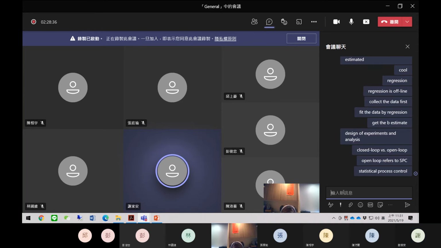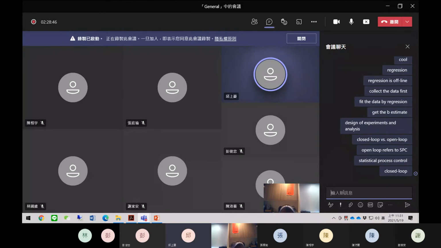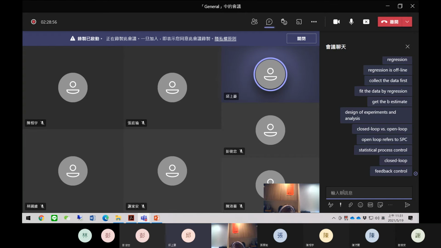Then okay. And what is a closed loop? Closed loop has feedback. Okay, cool. This is a feedback control. So it's totally different. So you need to review the material I have taught in class.